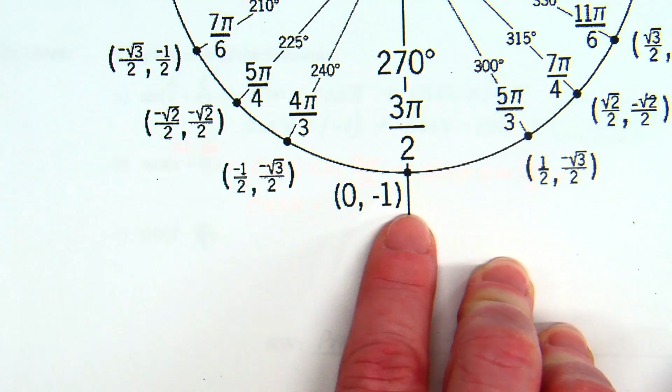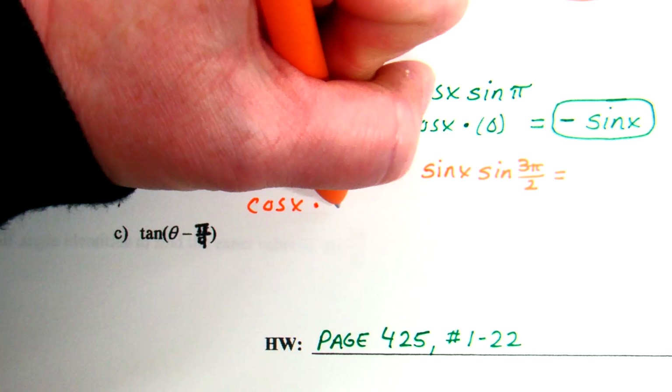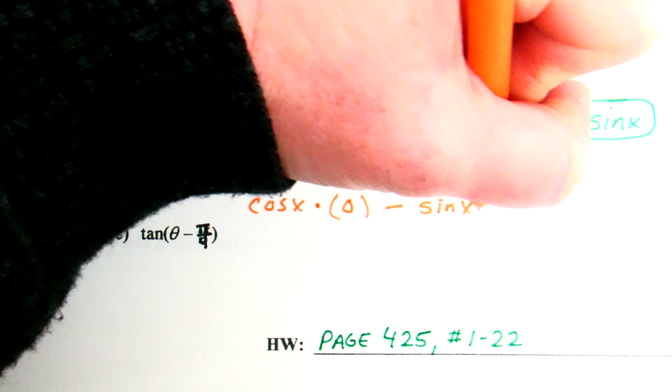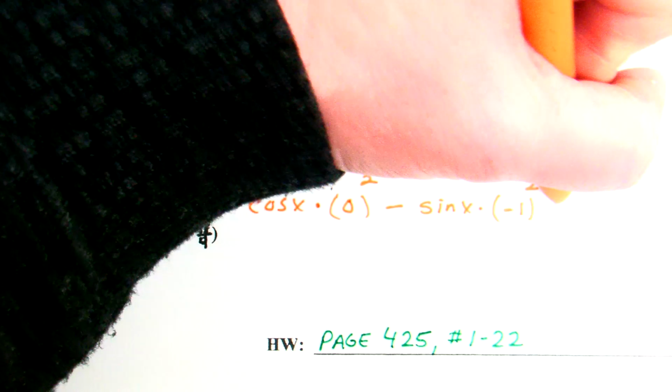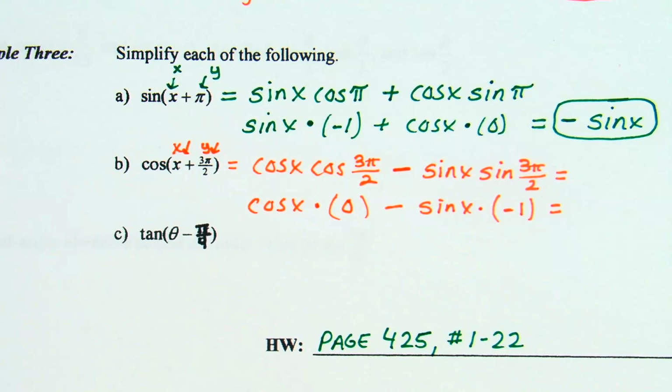So cosine of 3 pi over 2 is 0, minus sine x times sine of 3 pi over 2, which is negative 1. Cosine times 0 is 0, minus sine x times negative 1, going to be positive sine x.